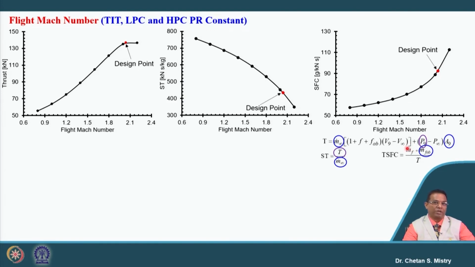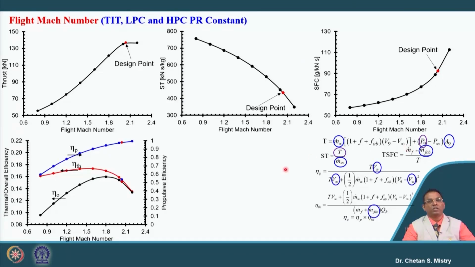Here this is representing the change of my thermal efficiency, propulsive efficiency and overall efficiency. It is interesting to observe that with the increase of flight Mach number, our propulsive efficiency is going to increase, and that will lead to a higher overall efficiency.